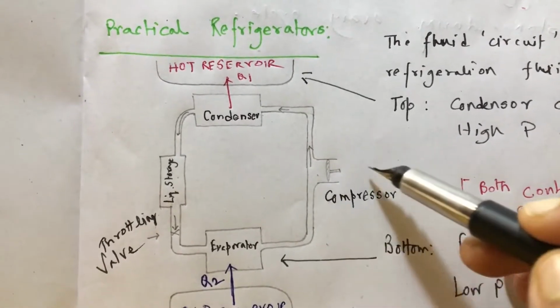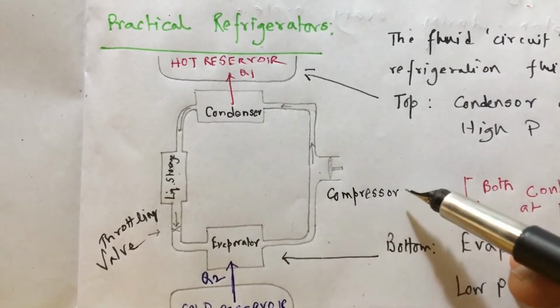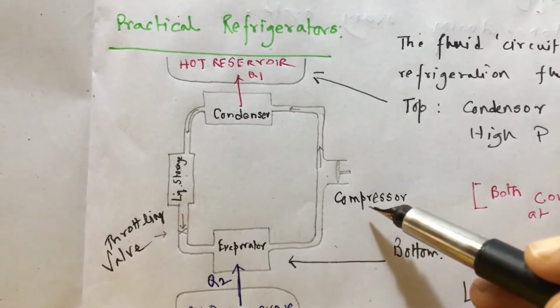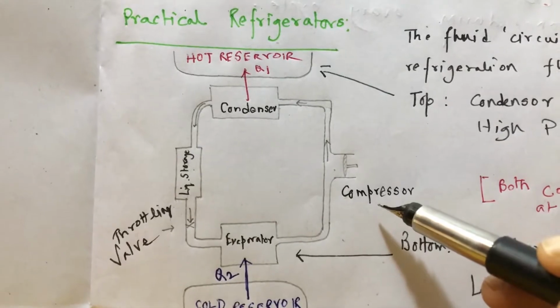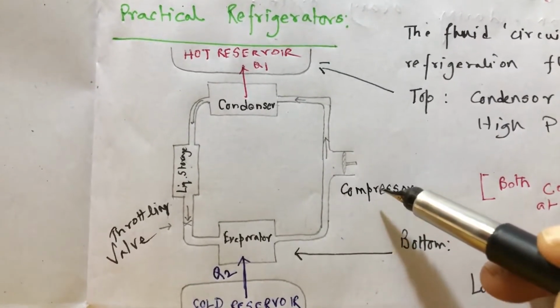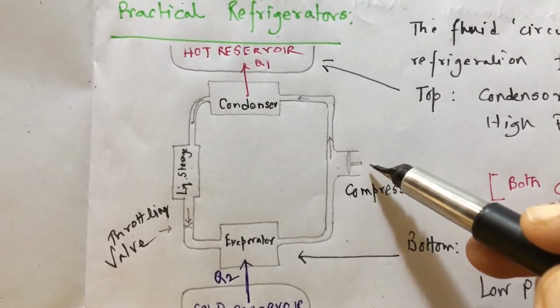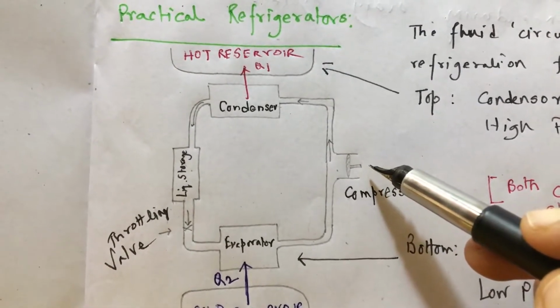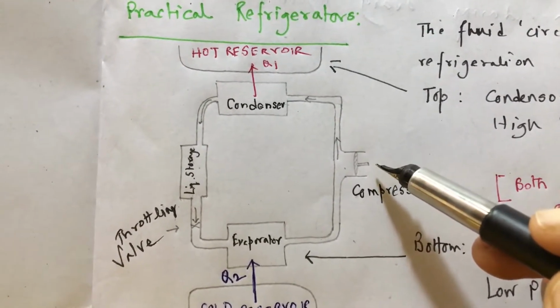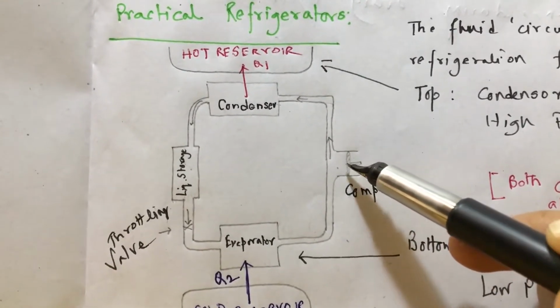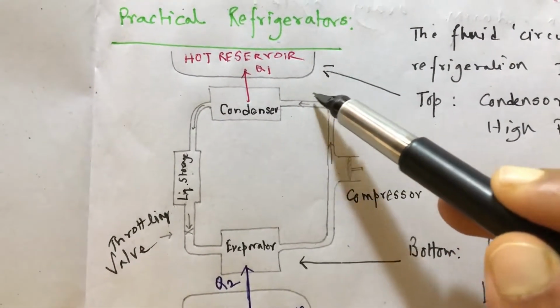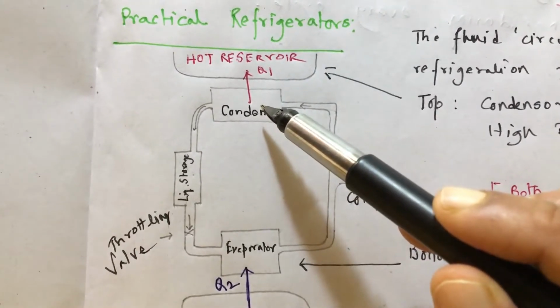This is the compressor. What the compressor does is it compresses the fluid working as working substance by refrigerant. So this compressor first takes in the fluid into itself. Here the fluid gets compressed adiabatically, that means no heat exchange, and then from the compressor it is delivered to the condenser.